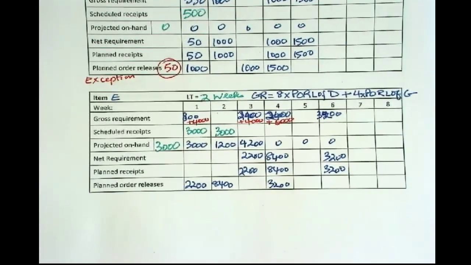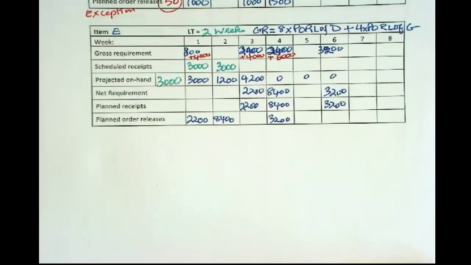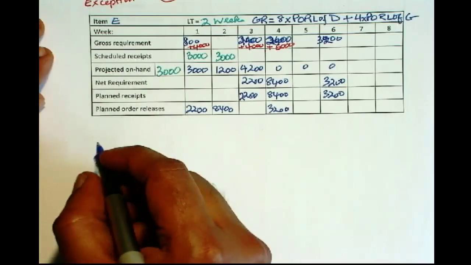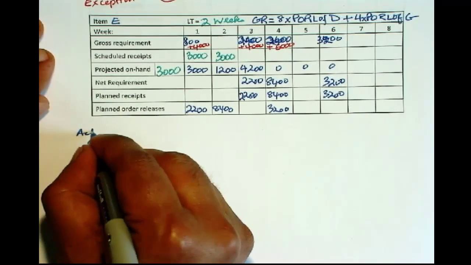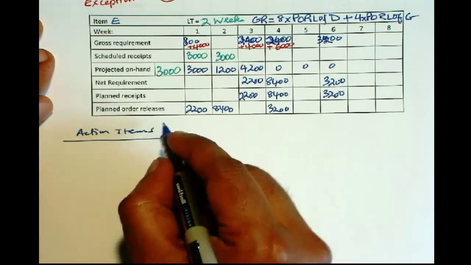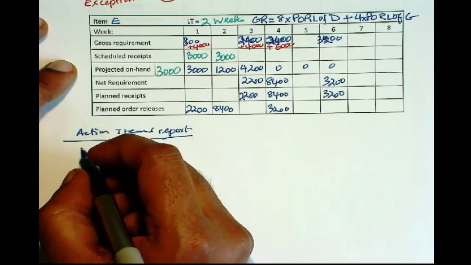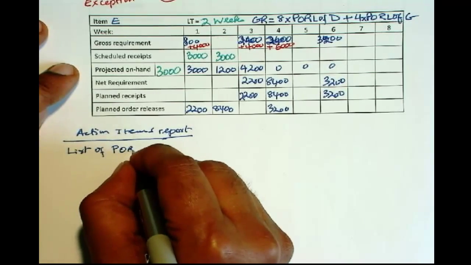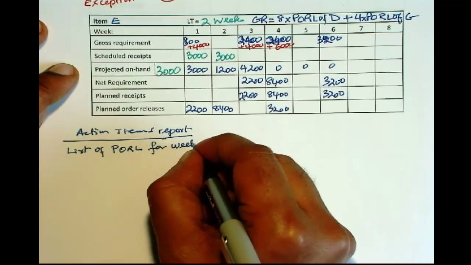Now this completes the last item. Now we have to put together a report from the MRP computations. I'm going to illustrate two reports. The first one is the action items report. This is a list of planned order releases for week number 1.